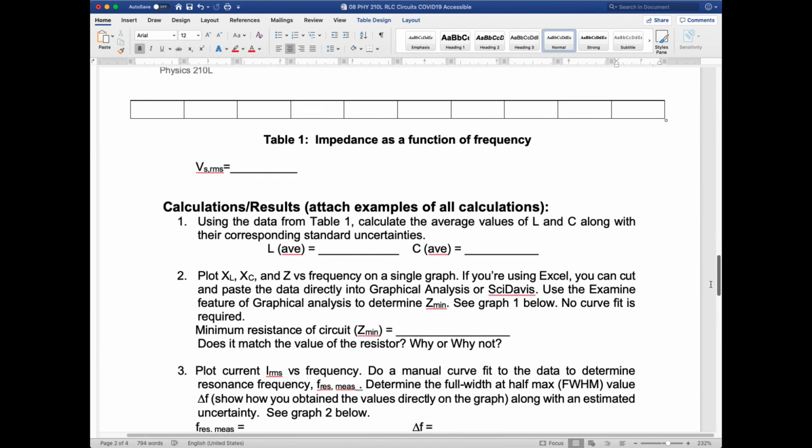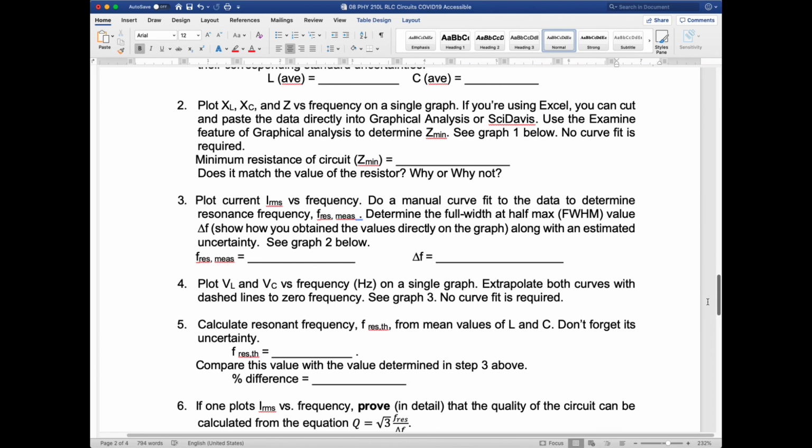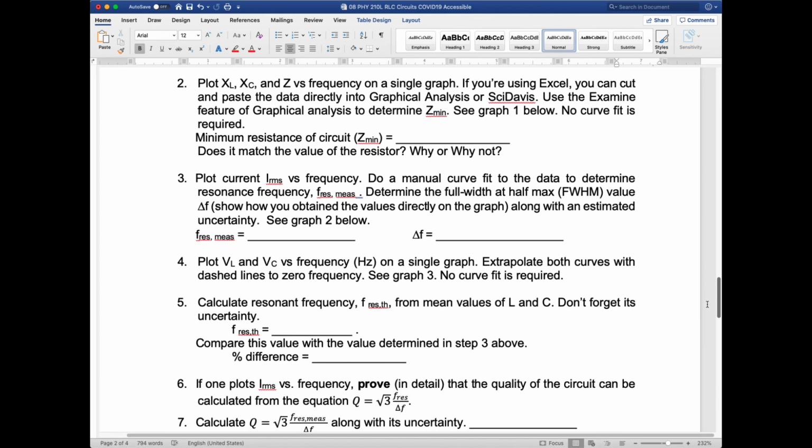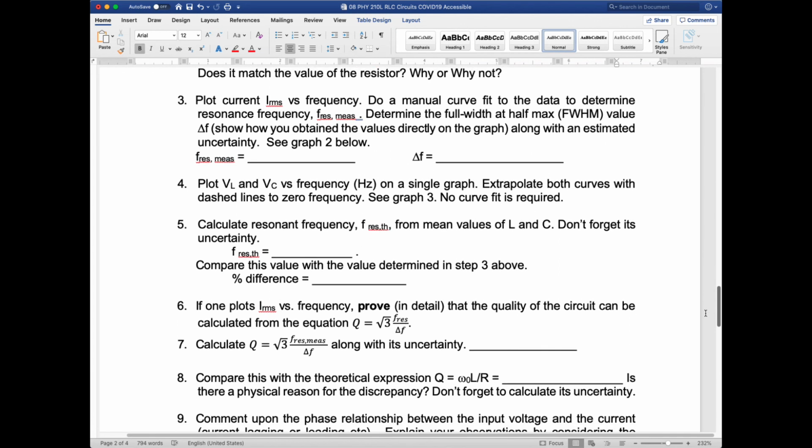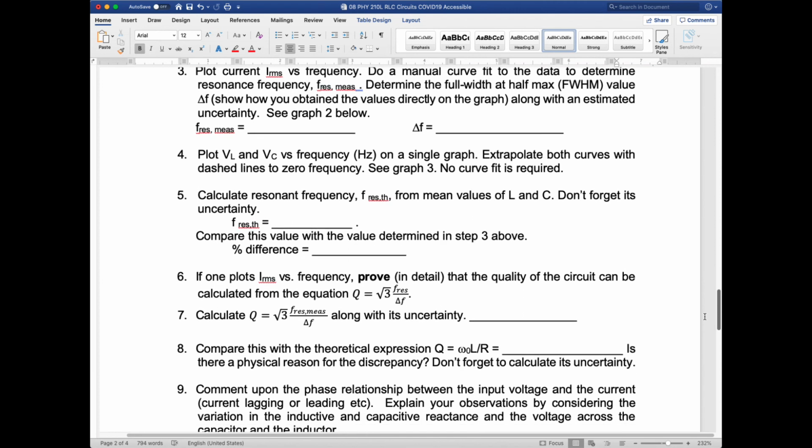You'll get omega naught from your curve fit.